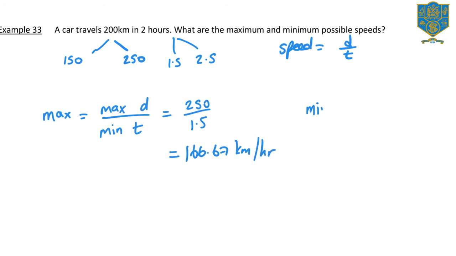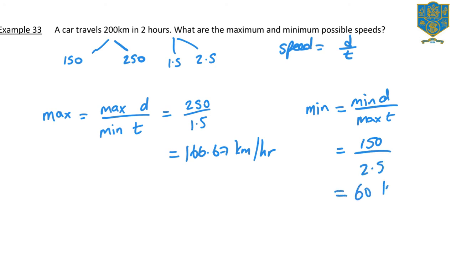Whereas if we're looking for the minimum speed, it's going to be the minimum distance divided by the maximum time. So whenever we're dividing and we want the smallest value, we want to start small and divide by a big thing. So the minimum distance is going to be 150 kilometres. The maximum time is 2.5, which gives 60 kilometres per hour.